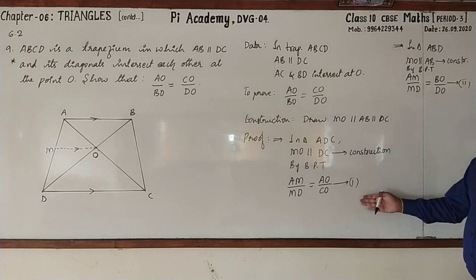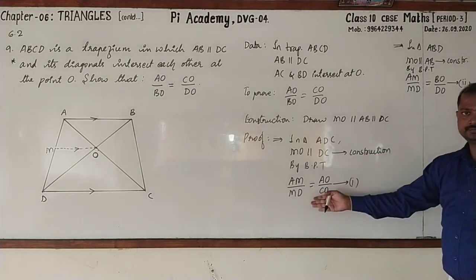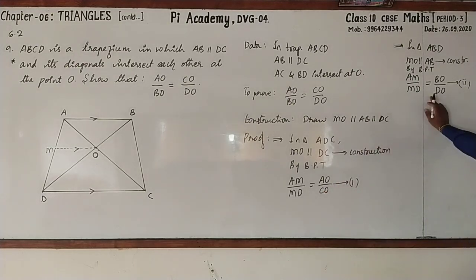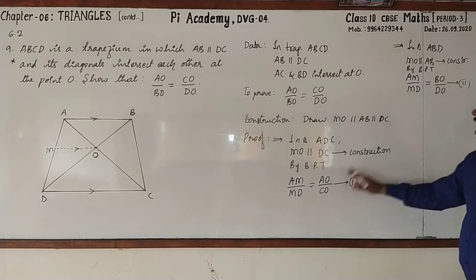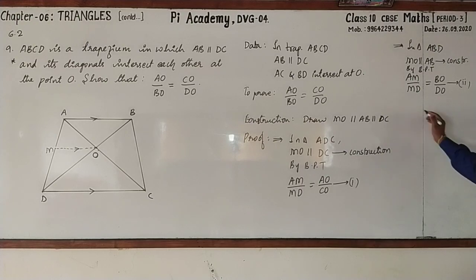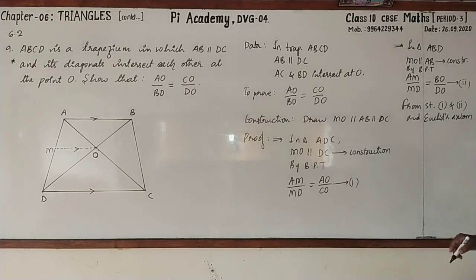Compare statements 1 and 2. You can come to know that by using Euclid's axiom, we can write AO by CO equal to BO by DO. From statements 1 and 2 and Euclid's axiom, we write AO by CO is equal to BO by DO.